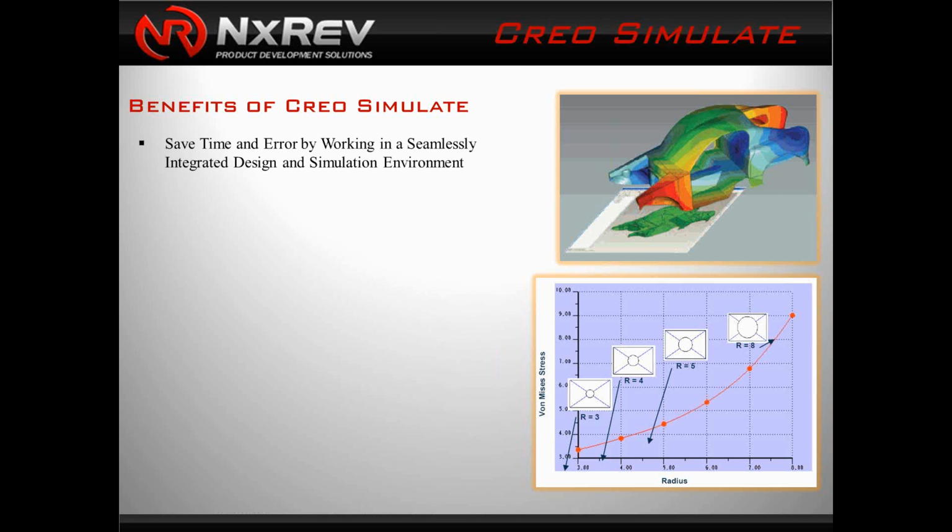The reason being, since Creo Simulate is integrated into Creo Parametric, the ability to go from one part to Creo Parametric to Creo Simulate is instant. There's no such thing as exporting and re-importing, and making changes to that model in Creo Parametric will automatically reflect those changes in Creo Simulate. You just have to rerun the analysis.